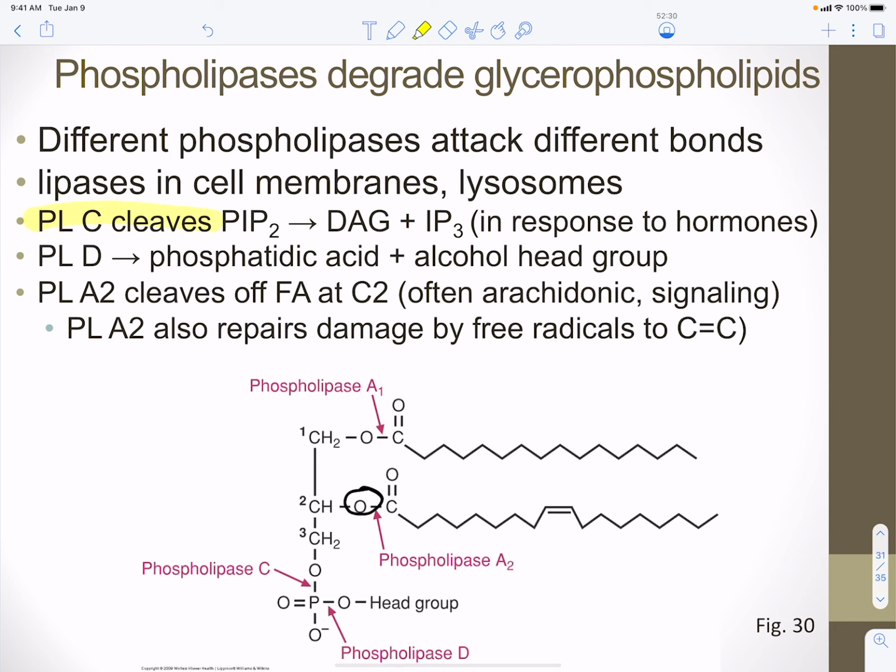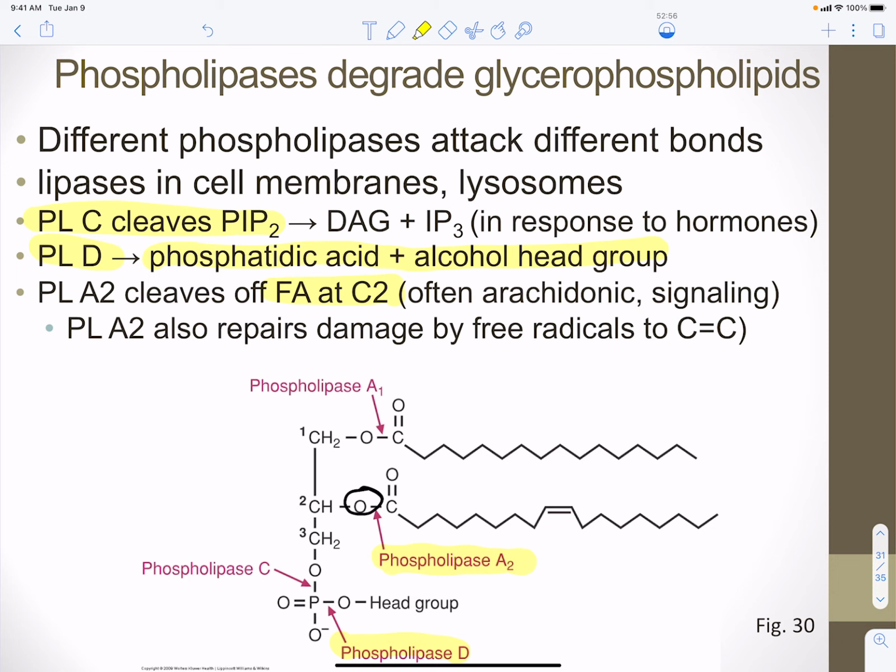So we have our phospholipase C, and that cleaves phosphatidyl inositol to diacylglycerol and IP3. We have our phospholipase D, shown here, and this is going to release phosphatidic acid and an alcohol. We have phospholipase A2, which is important because it cleaves off at that C2 position.